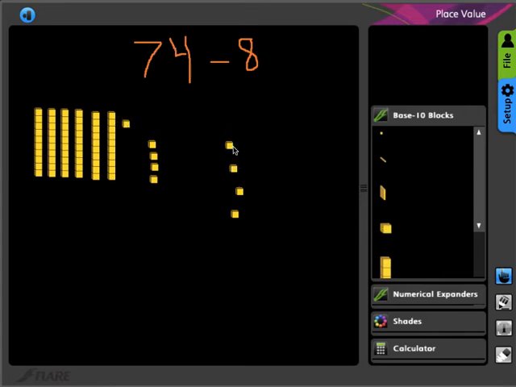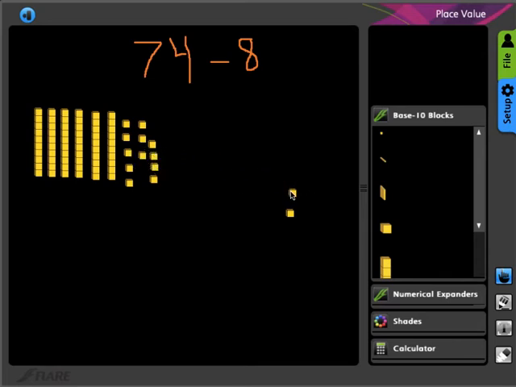Bring my 5 over. 5, 6, 7, 8, 9, 10. There we go. We still have 74 blocks.